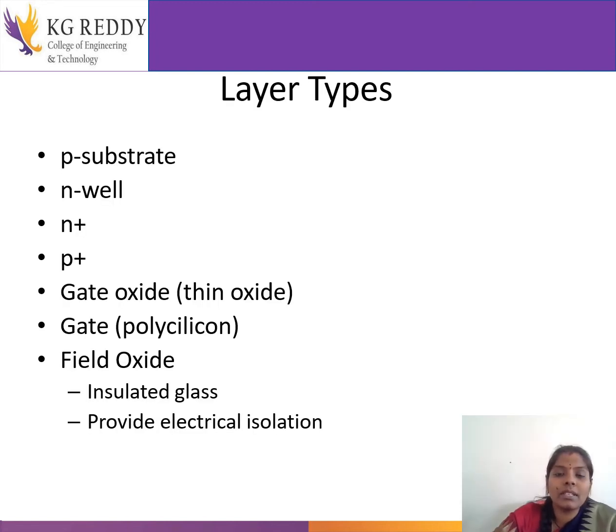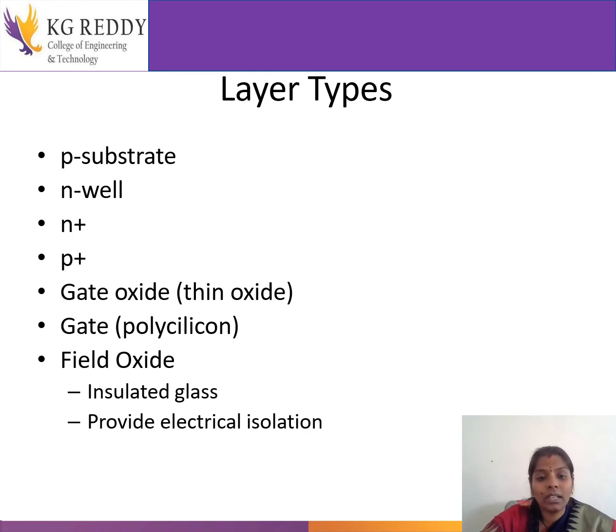So next we'll study the stick diagram. Before that, as we studied in the fabrication process, we have a P substrate, then we introduce a P well into that. Then after that we have P diffusion and N diffusion in both the P substrate as well as the N well, and then we have given a gate oxide, right?